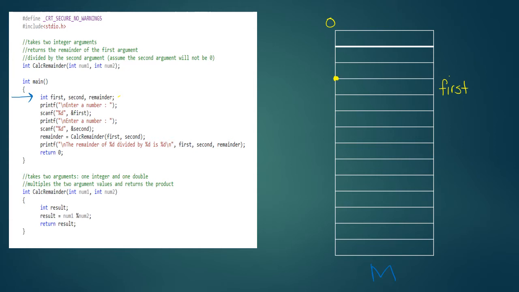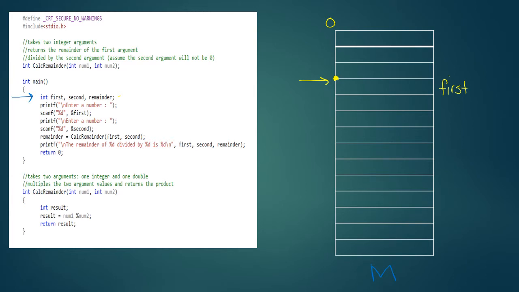So the actual address is not important, but the fact that the variable has an address and a location in memory is important. In the C language, if you put an ampersand in front of the variable name, that turns it into an address.